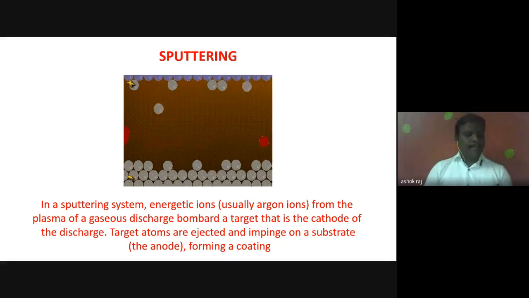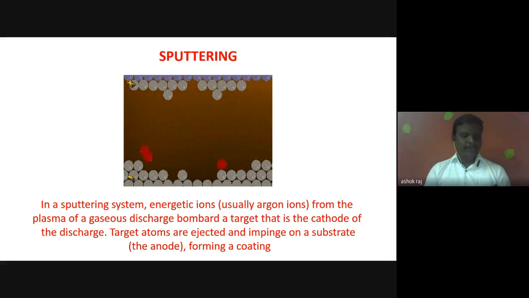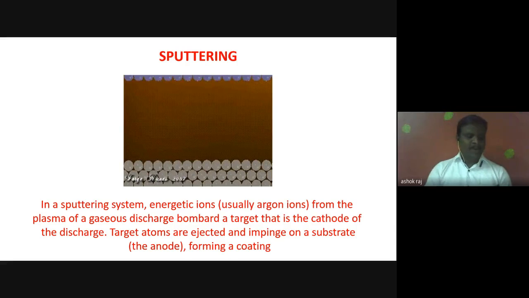These particles diffuse away from the cathode through the plasma towards the anode, forming a thin film layer on the substrate. The pressure inside the sputtering chamber during the process has a profound influence on the uniformity, quality, and stress of the resultant film. In the sputtering process, we have two important types.